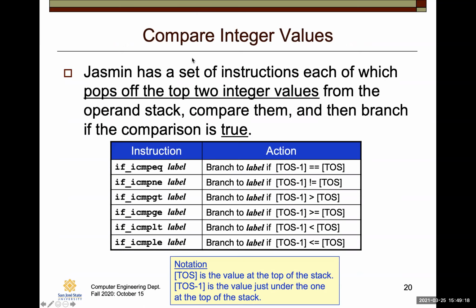Obviously, the Java virtual machine is a stack machine. You have that operand stack, and you're pushing and popping, and some instructions, like fadd, require that the operands are sitting on top of the operand stack, and they'll pop off the top two values, add the two of them, and then push the sum back onto the operand stack.